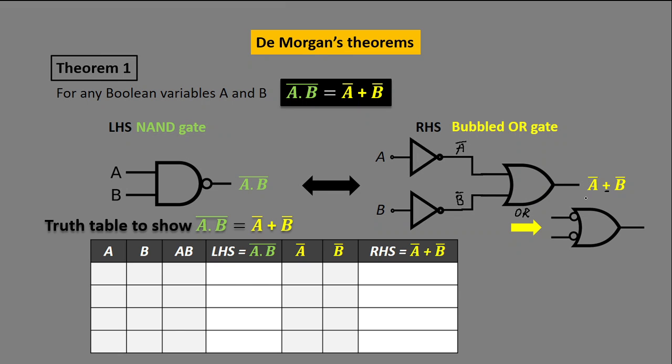The truth table verification can be done like this. In the truth table, you need to identify how many different Boolean variables are present in the given Boolean expression. This is the Boolean expression written down here.